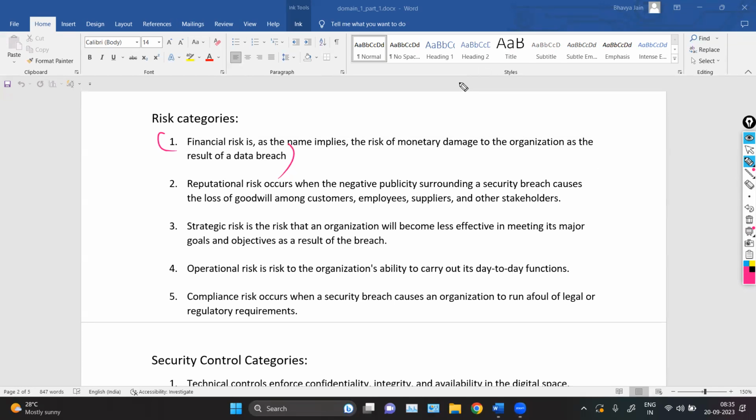For example, let's take an example. Let's say you are the owner of Amazon. Okay, now Amazon stores your details, right? Amazon stores your payment details. Amazon stores your shopping details, right?